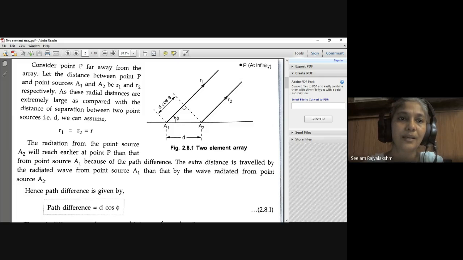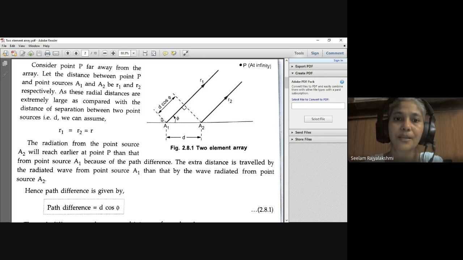Here r1 equals r2 equals r, these being the radial distances. As I have told you, the radiation from point source A2 reaches point P earlier than that from point source A1.